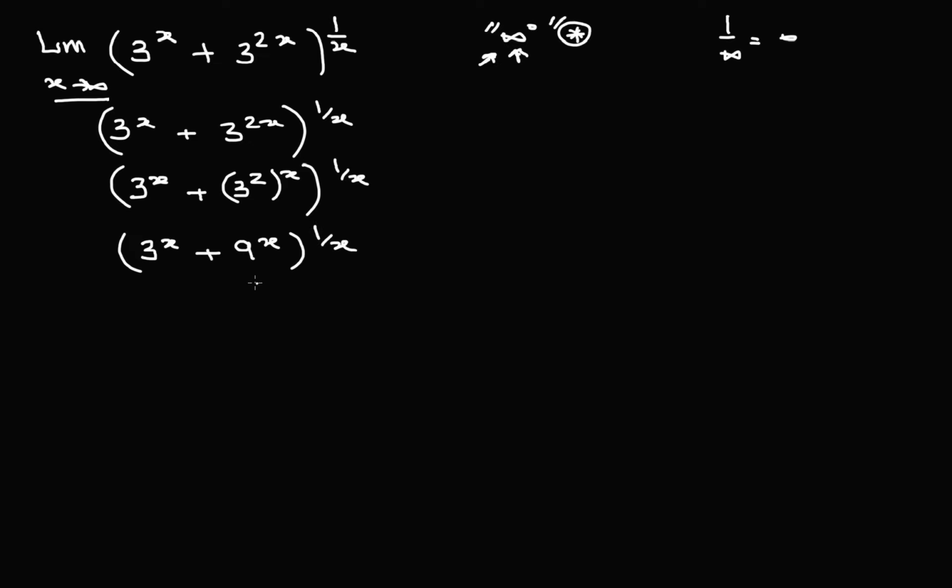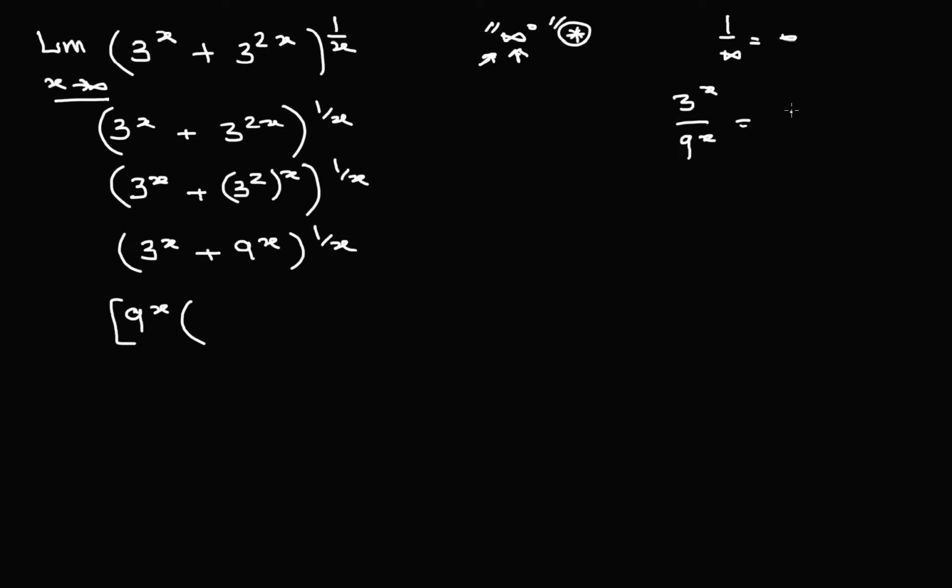Then we still have our power thing. Now what we do is we factorize the 9x instead. Then what are we going to have here? We'll divide 9x into this. So we're going to have 3x over 9x. This is essentially what you're doing, right?